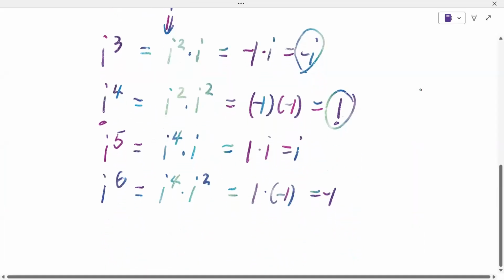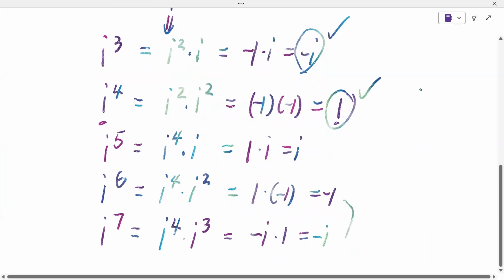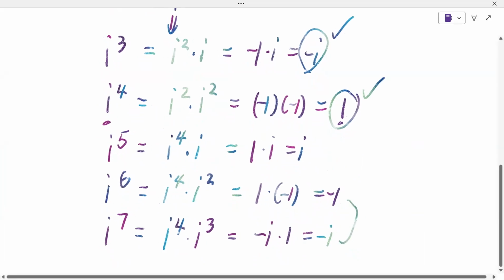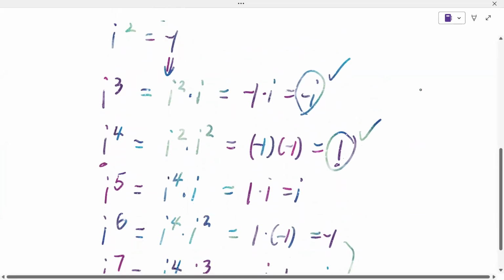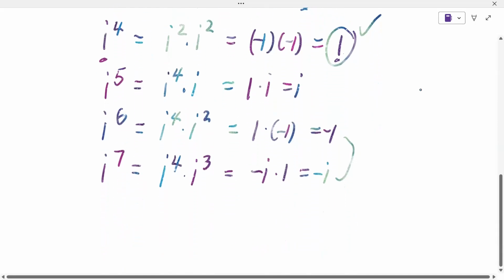And then -1. Now if you do i to the 7th, it will be i to the 4th times i to the 3rd. We get 1 times -i, so -i. And you see it repeats: -1, -i, 1, i. That's the pattern here.